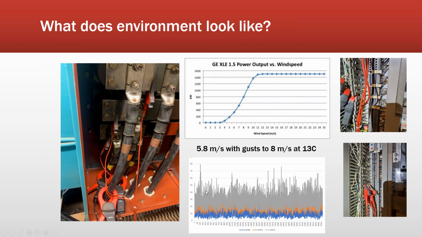This is part of what we look at. For our 5.8, sorry. I've got it right there. So we were somewhere around 300 kilowatts roughly on the power curve for that tower. We did have gusts. It was 13 degrees C, meaning a little chilly.